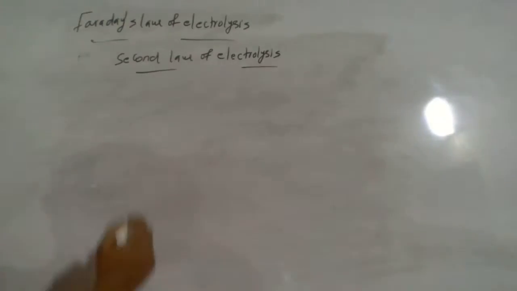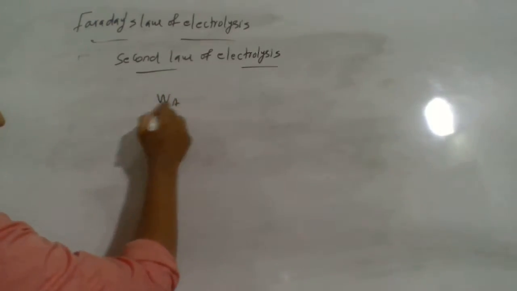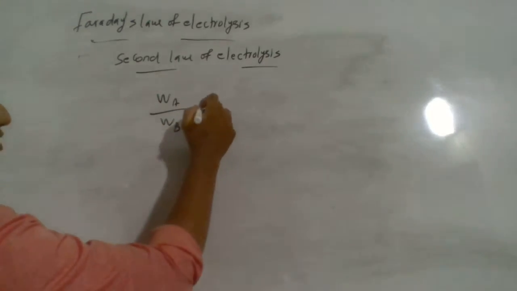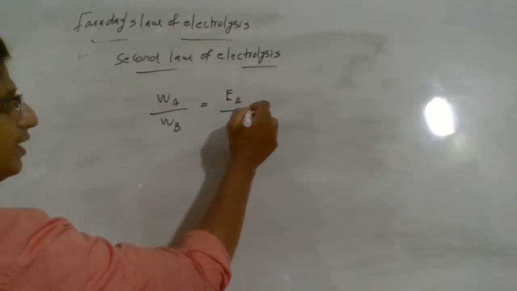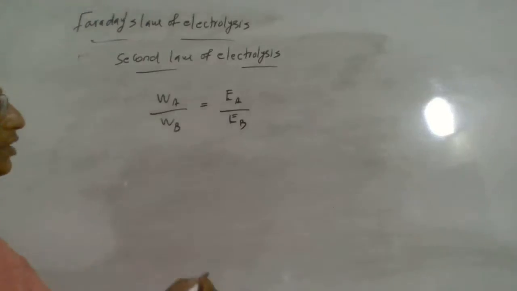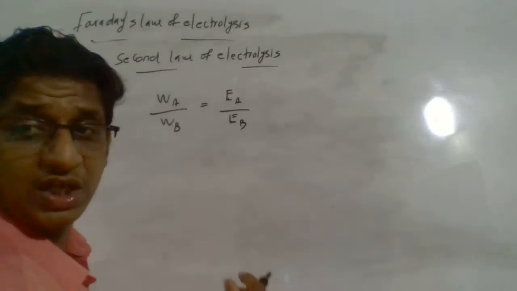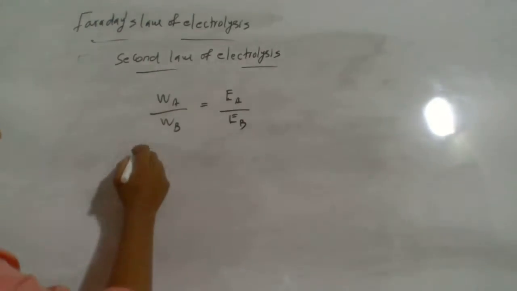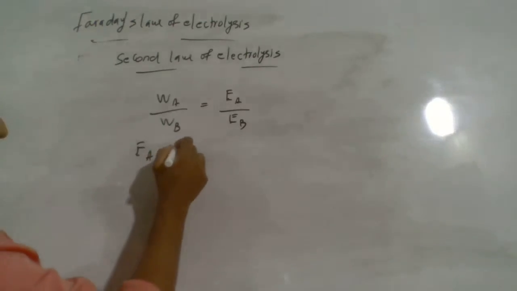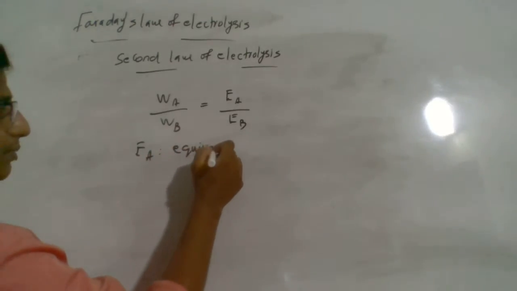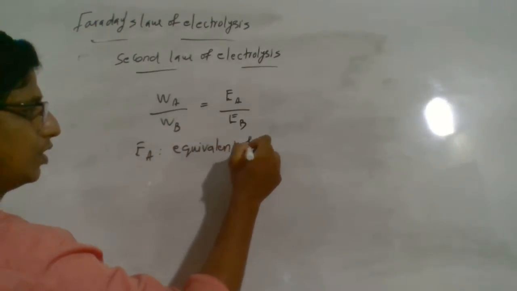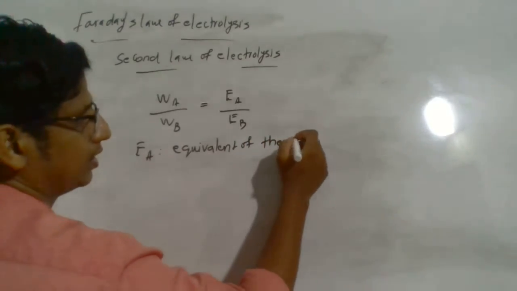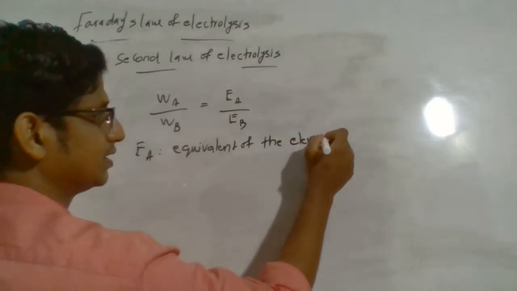It is found that WA divided by WB is always equal to EA divided by EB, where EA and EB are the equivalent masses of the respective substances.